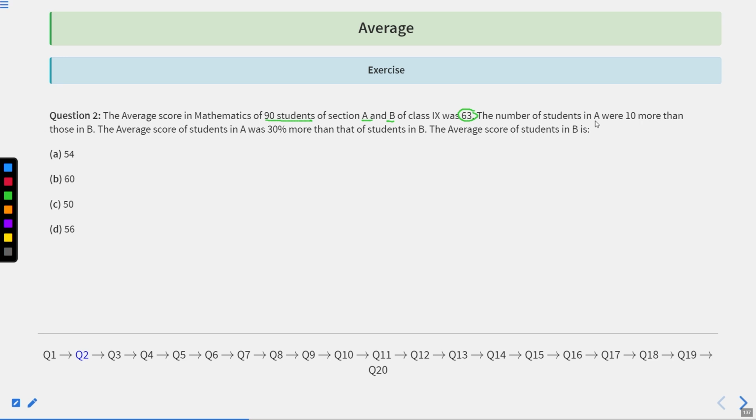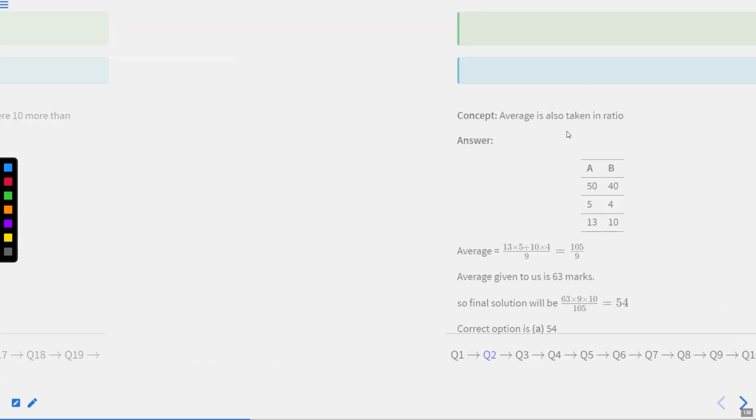So number of students in A were 10 more than that of B. So if suppose there are 10 students in B, then there will be 20 students in A. That is what they are trying to convey to us. So the average score of students in A was 30% more than that of students in B. So what is the average score of students in B? So this is what we want to find in this question.